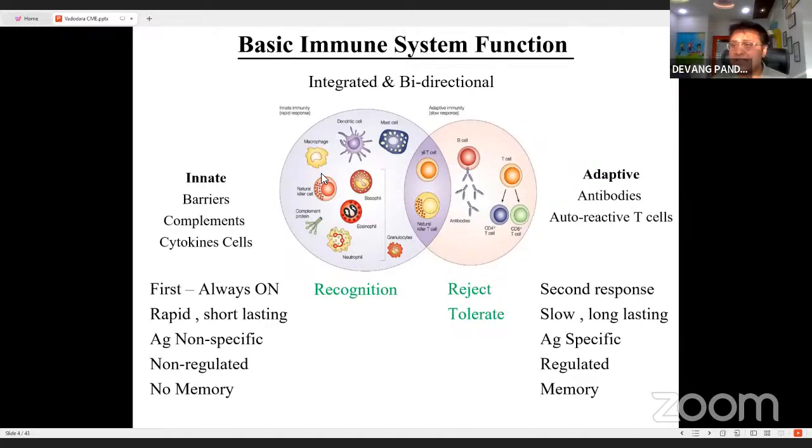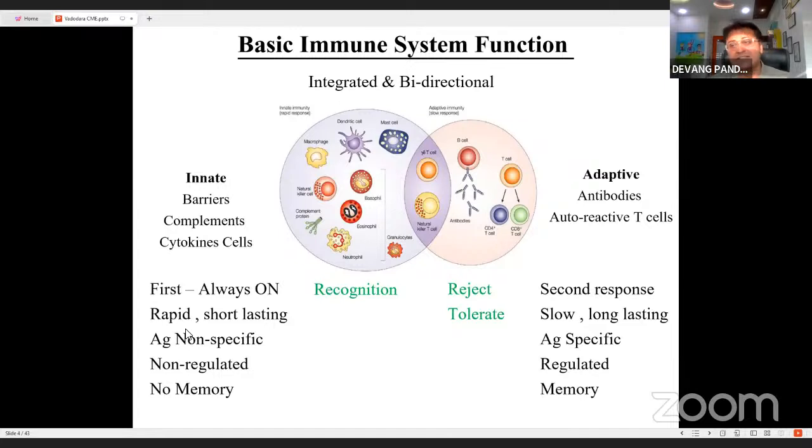So what does the innate immune system do for our body? If there is an endogenous or exogenous threat, the most important thing is to recognize it, and the first contact with this threat is always innate immunity. Innate immunity is very rapid and short lasting, but it is not antigen specific.